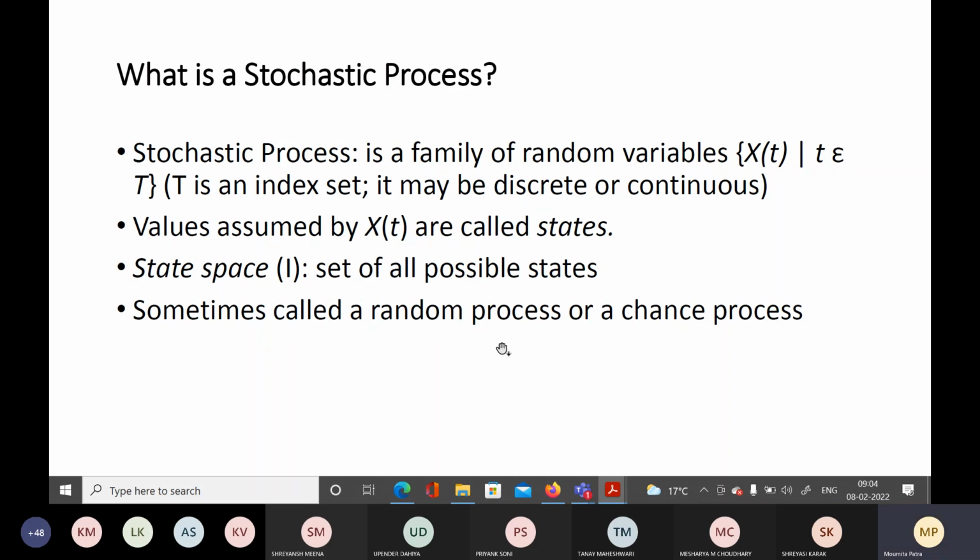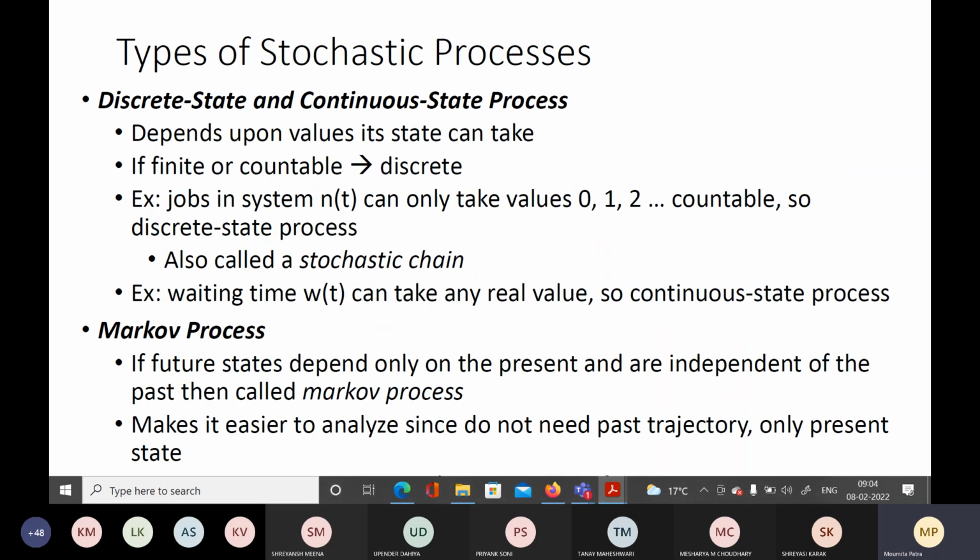After this, there are different types of stochastic processes. Two of them you already know: discrete state and continuous state processes. How do you define discrete and continuous state? For discrete state, if they are finite or countable states, then you call them discrete states.